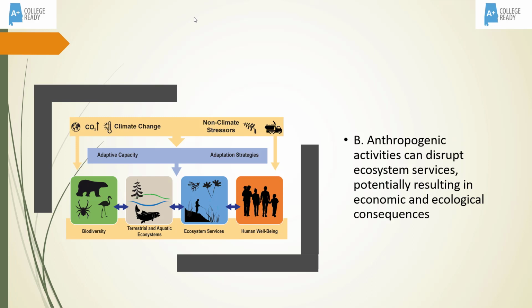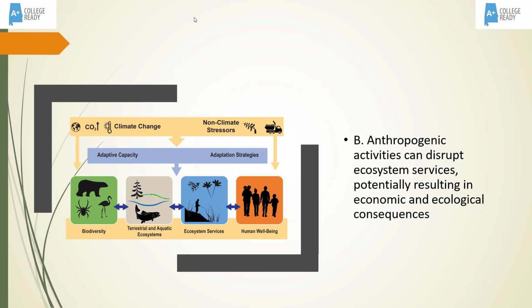Anthropogenic activities, that's man involved, can disrupt ecosystem services, potentially resulting in economic and ecological consequences. If that ecosystem is no longer able to function, we may have to spend money to get the same functions, whether it be absorbing floodwaters or purifying our water, providing food, whatever it might have been.